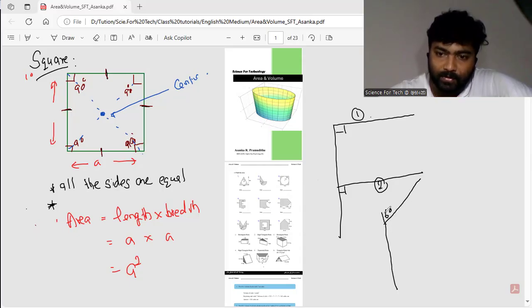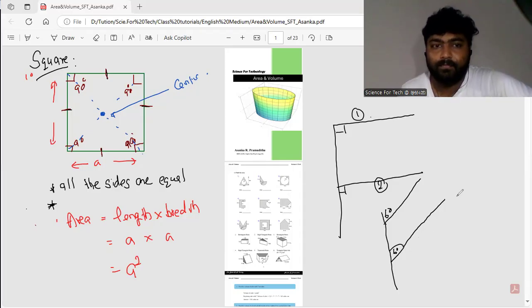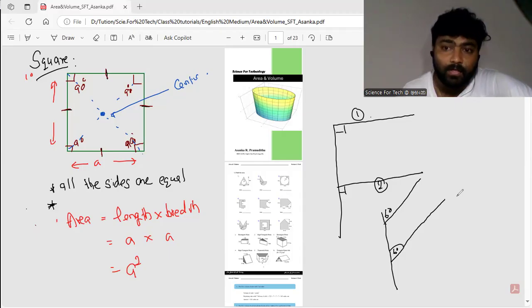This is 60 degrees and this becomes also 60 degrees. And what is the special property of these two lines? Think about a railway track. Those are perpendicular. So not perpendicular, those are parallel to each other.